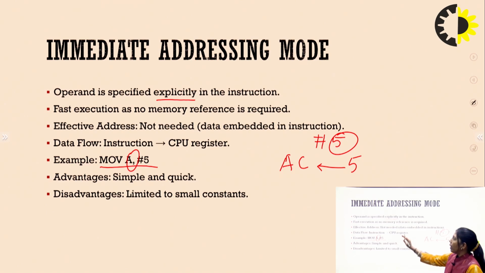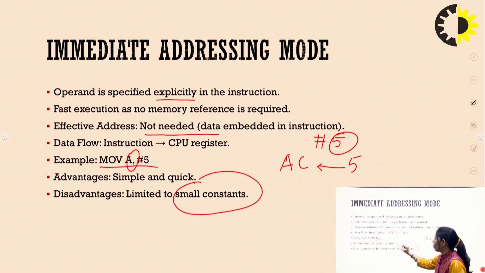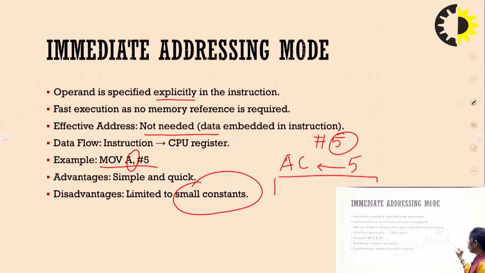That means its effective address need not be calculated, as the data is already embedded inside the instruction. It is very simple and very quick, but there is a disadvantage. It is only suitable for small constants. We can't give a bulk amount of data in the instruction because of the constraint that we have.